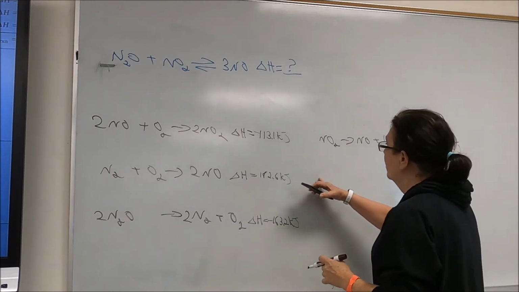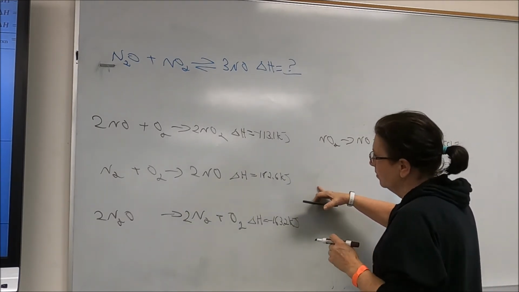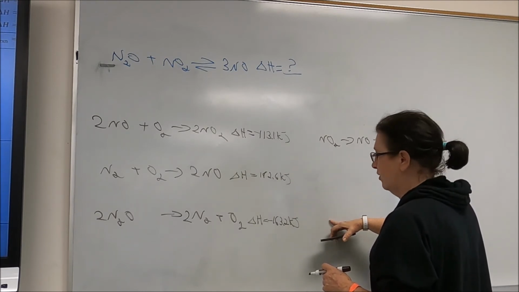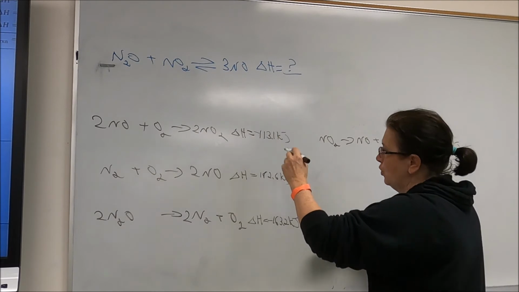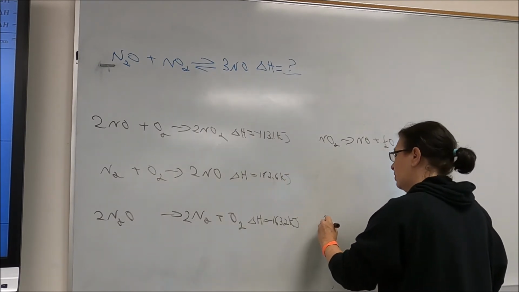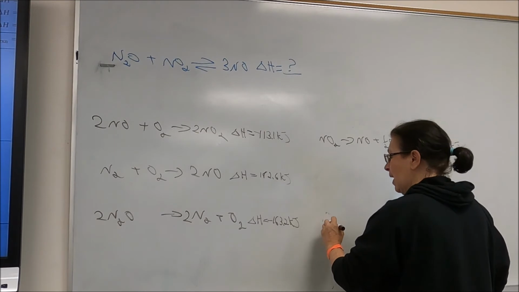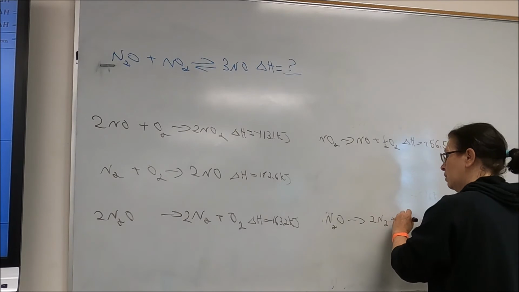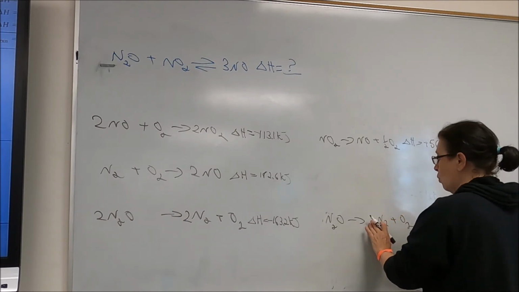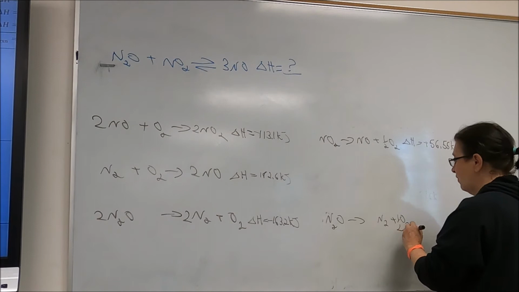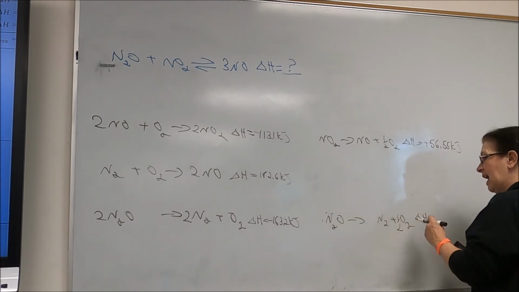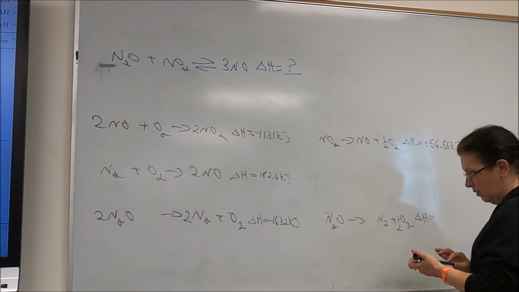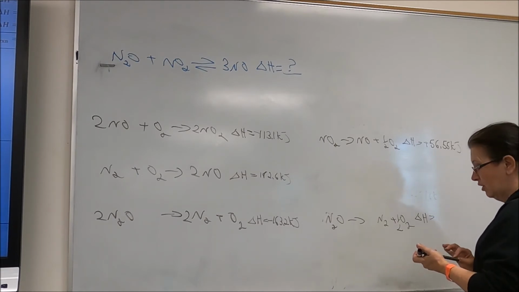Okay, for my second reaction, well, I'm gonna play with my third reaction next. I need 1 N2O. So I've got to take that one and just divide it by 2. So N2O going to 1 N2 plus 1/2 an O2 is going to have a delta H of 163.2 divided by 2.